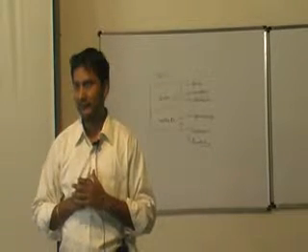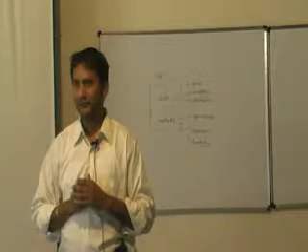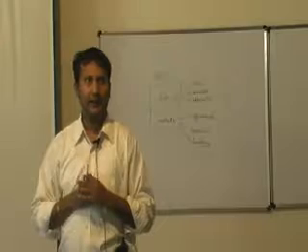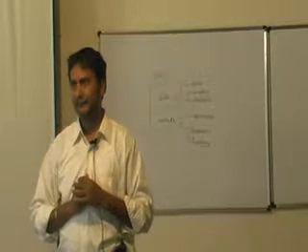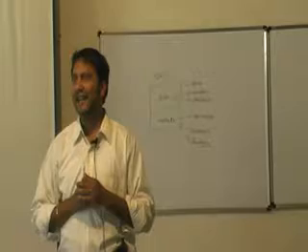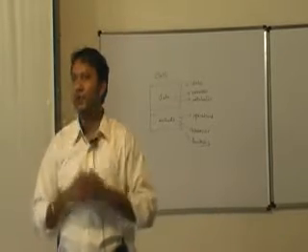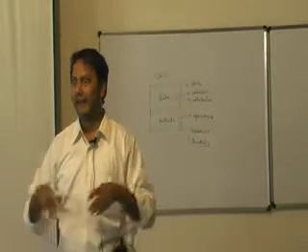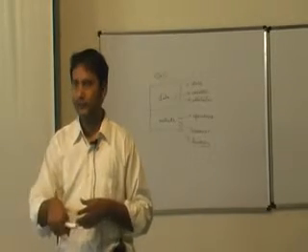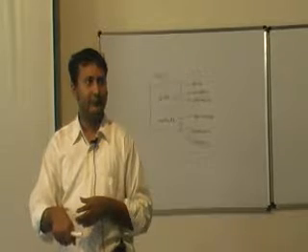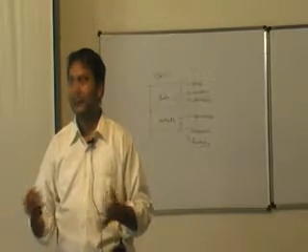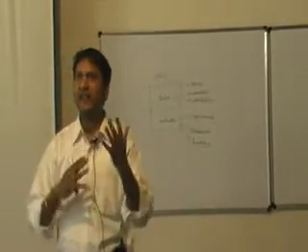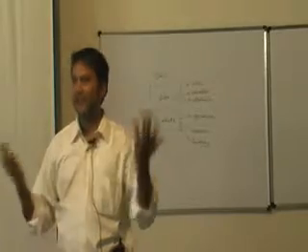Color, name, number of wheels. All this could be data. Data will have values. Now what are methods? Start, drive, fuel, repair. These are all methods. These are all behavior. That is the difference between data and methods of a class.